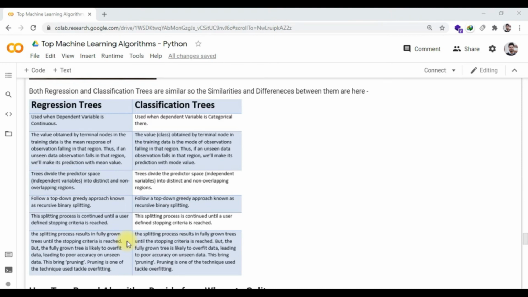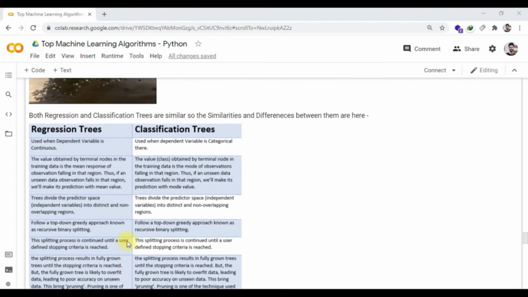In our next video I will tell you how decision trees decide where to split and how to split. This is the most interesting topic in decision trees: how they decide that this is our splitting point, or where we need to split the data.